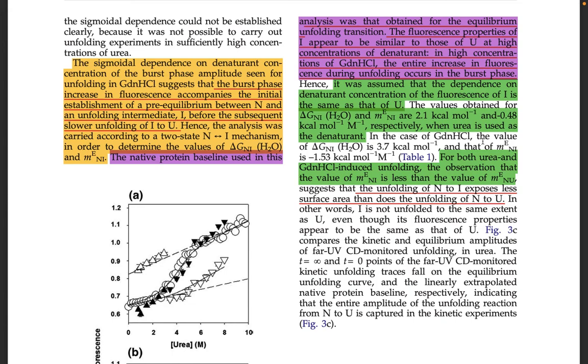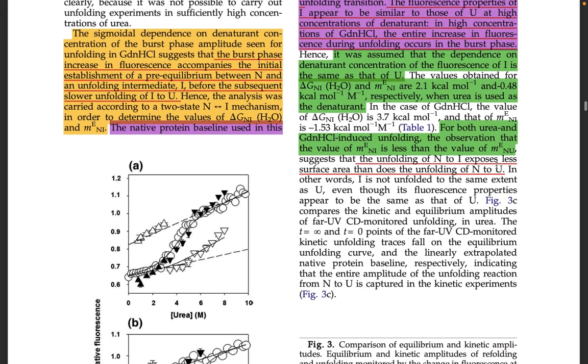kilocalorie per mole respectively when urea is used as the denaturant. In the case of guanidinium hydrochloride, the value of delta G NI is 3.7 kilocalorie per mole, and m NI is minus 1.53 kilocalorie per mole. So you see that in case of urea, it was determined as 2.1 kilocalorie per mole.